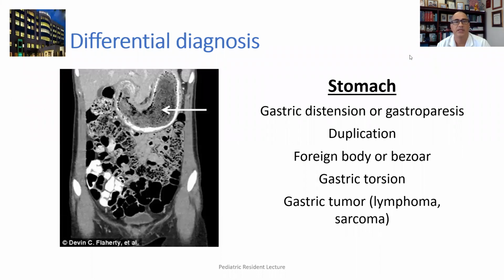Next one would be the stomach. In this particular view, obviously I would get everybody engaged, but since this is an online presentation, it's hard to be more interactive. This is a clear presentation of a bezoar. We recently had a 14-year-old girl with a large bezoar in the stomach.